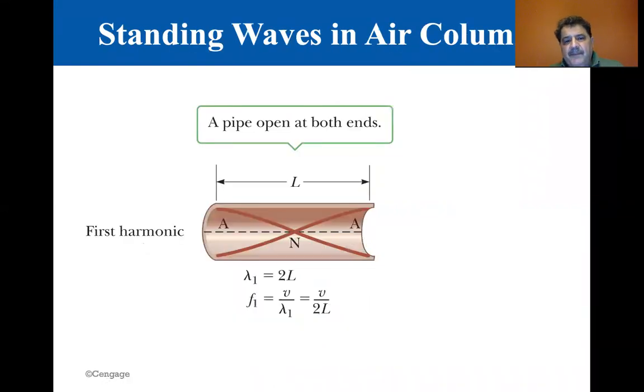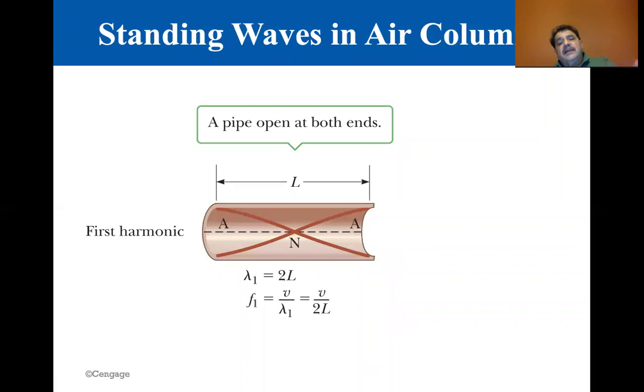Okay, we have a pipe open at both ends. Now, let me just tell you, it's hard to produce a resonance. It can be done. I mean, they do it in pipe organs, but just blowing through it or with a tuning fork, it's hard to set up a standing wave in an air column that's open at both ends.